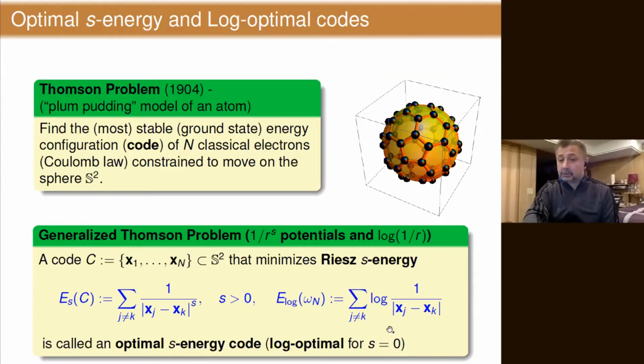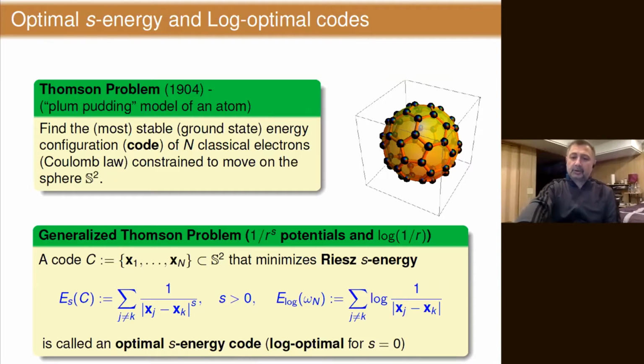And when s approaches 0, the other limiting case, we have to differentiate that potential, and we end up with a logarithm. Minimizing the logarithmic energy is equivalent to maximizing the product of all possible distances, also a well-known problem.